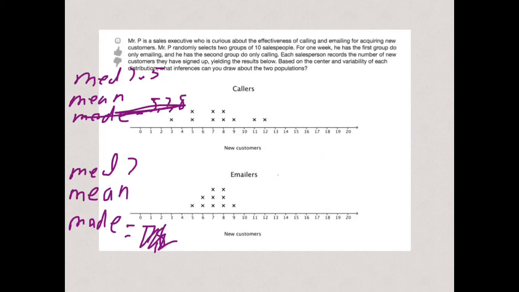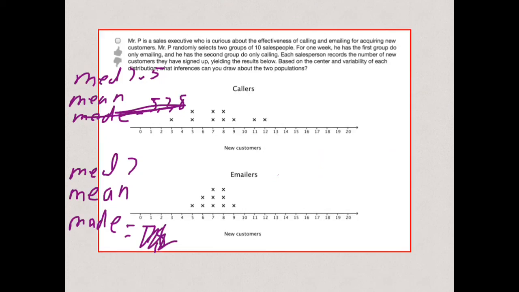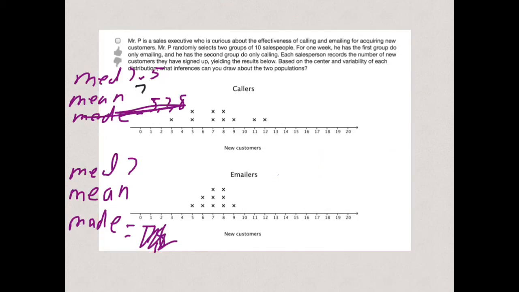Divide that by 10. So they average 7.5. For emailers, I have 5 plus 12 plus 21 plus 24 plus 9. And I get 7.1.